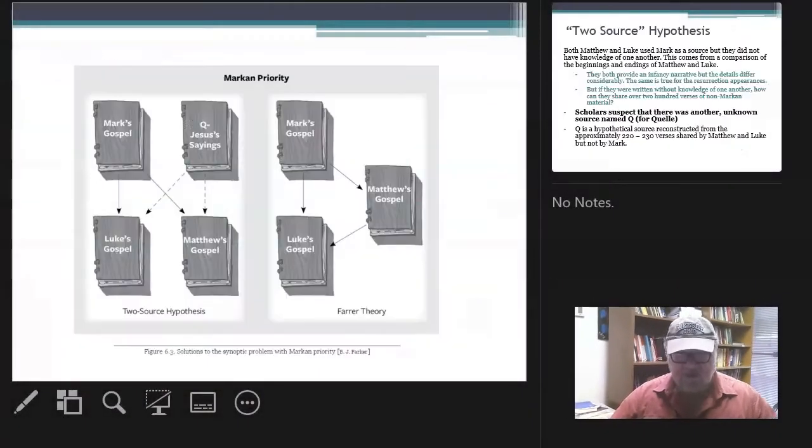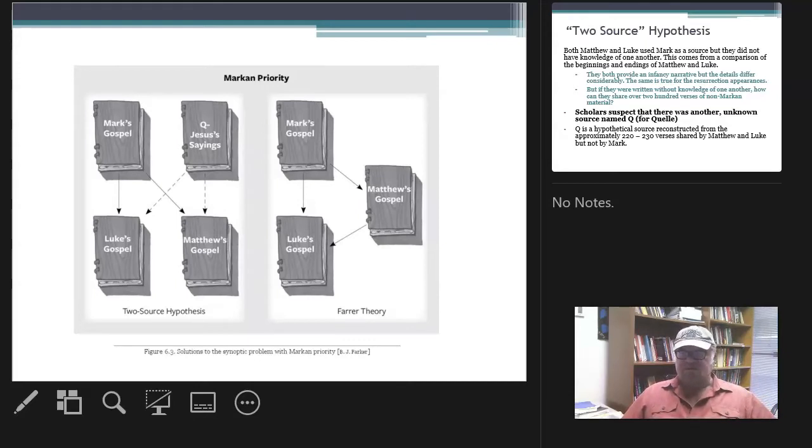And here is a graphic showing the Markan priority. So there are two different theories about the priority of Mark. One on the right shows Mark by itself being adapted and used as a guide or a source for both Matthew and then later Luke. And then Luke takes some things that are not in Mark but are in Matthew and brings them into Luke.